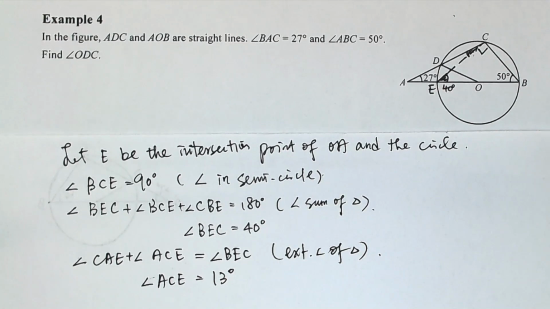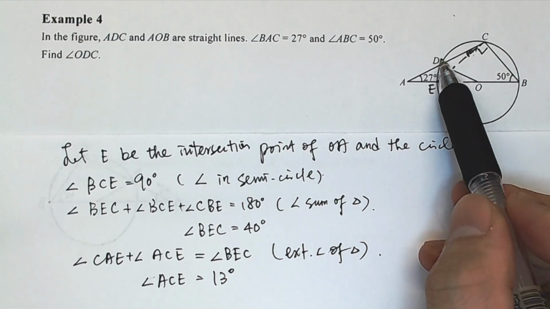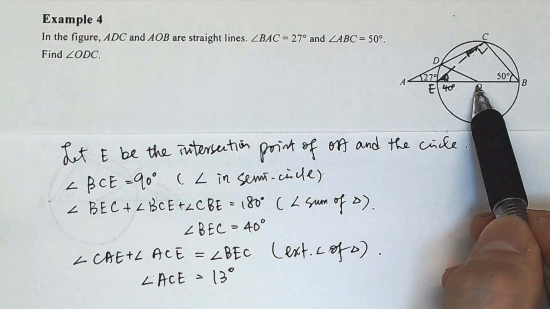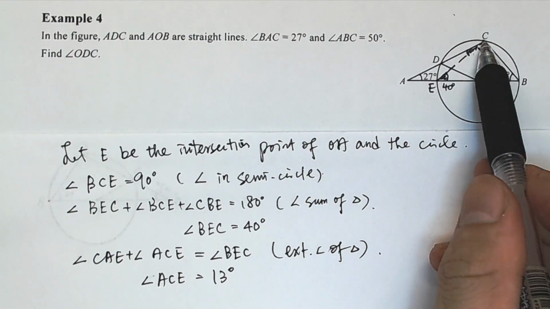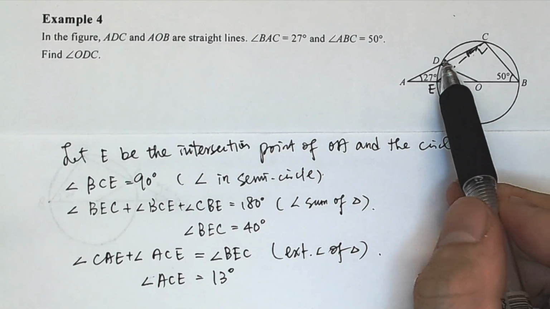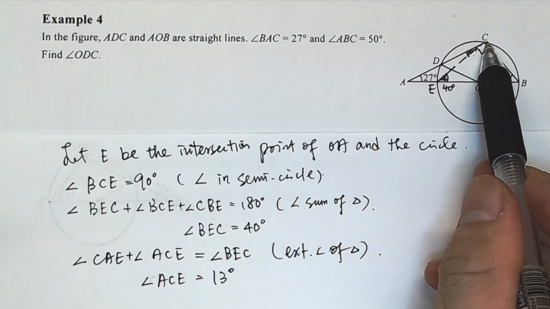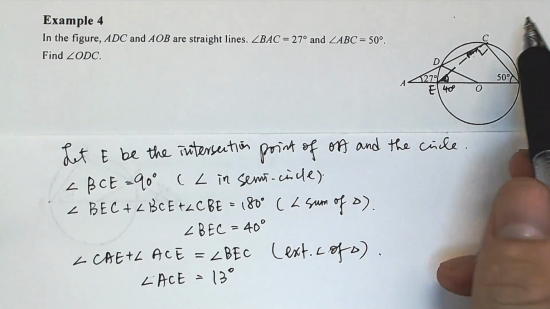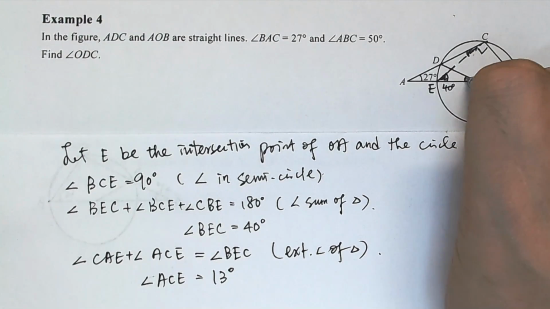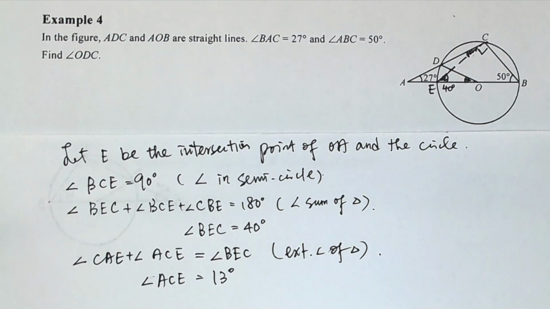As said from the beginning, we have points D and E pointing to the center, and when I join CE, there are 2 points pointing at the same point on the circumference, that is point C. And so we can find angle DOE.